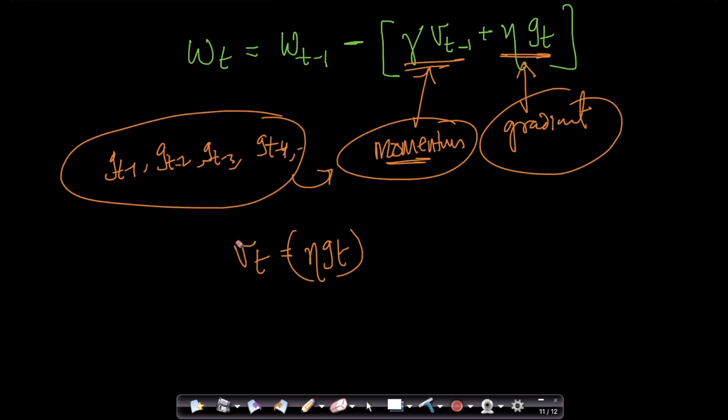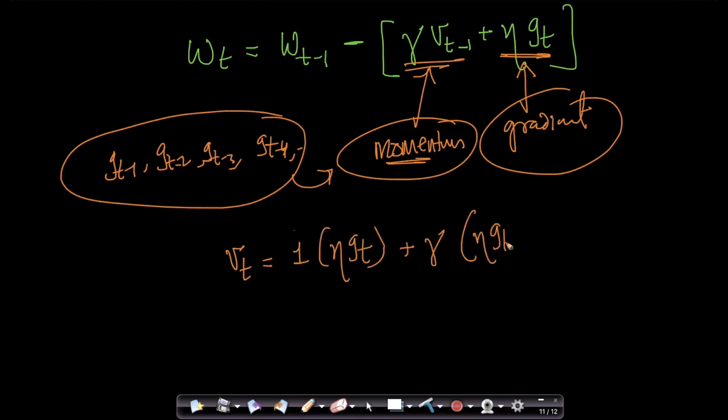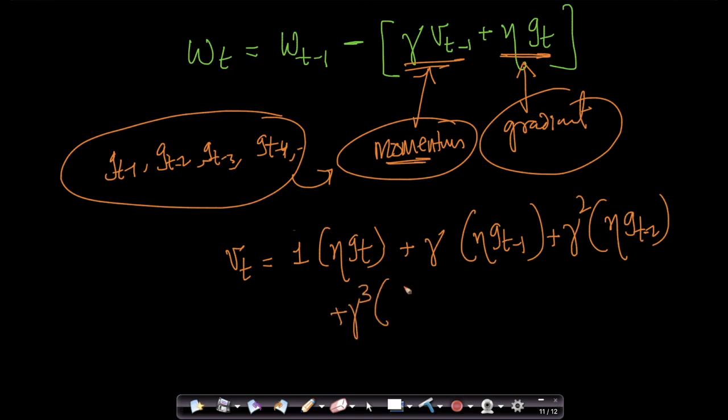Let me write it down just for your clarity. Your Vt is 1 times eta times Gt plus gamma times eta times Gt minus 1 plus gamma square times eta times Gt minus 2 plus gamma cube times eta times Gt minus 3, and so on and so forth.